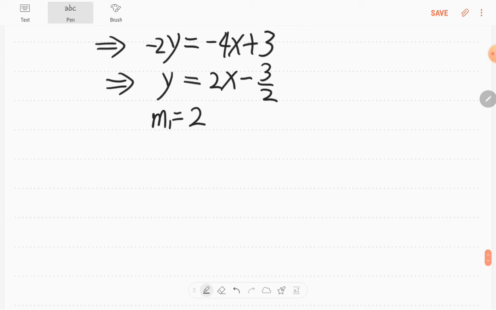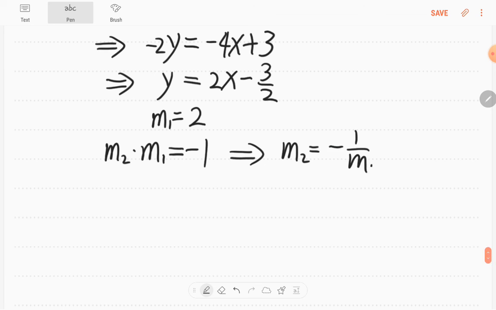Our new line's slope m2 multiplied by m1 must be equal to negative 1, since it's perpendicular. So m2 equals negative 1 over m1. If you plug in m1, this would be negative 1/2.